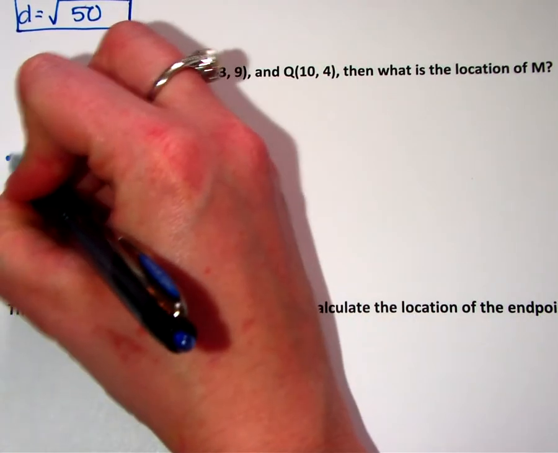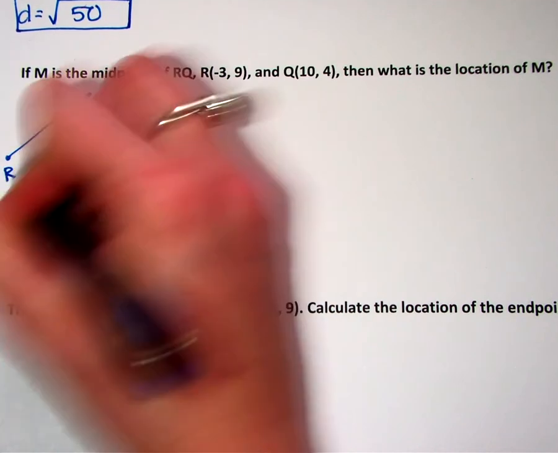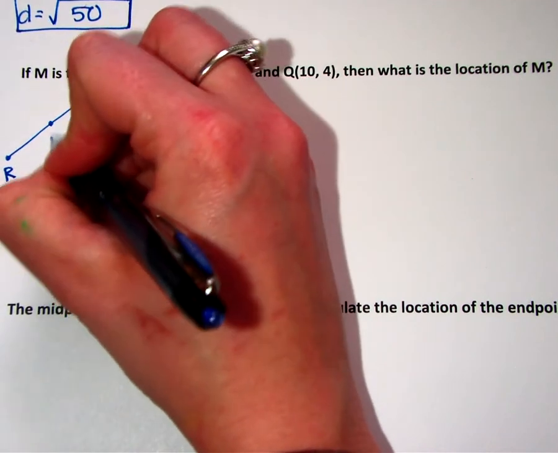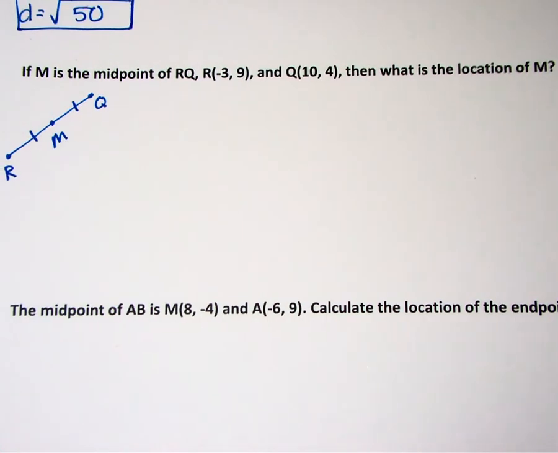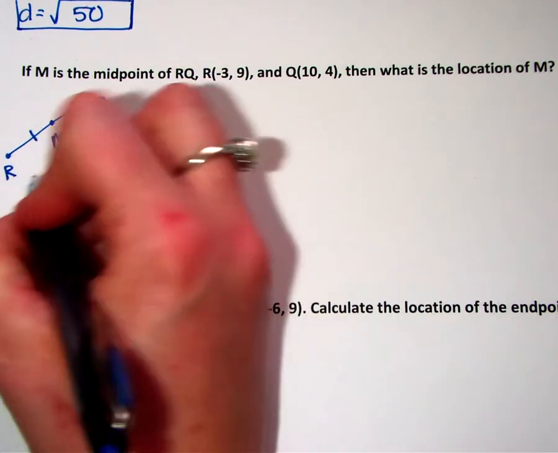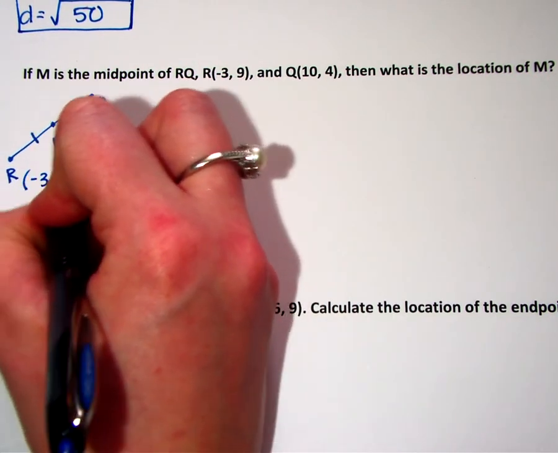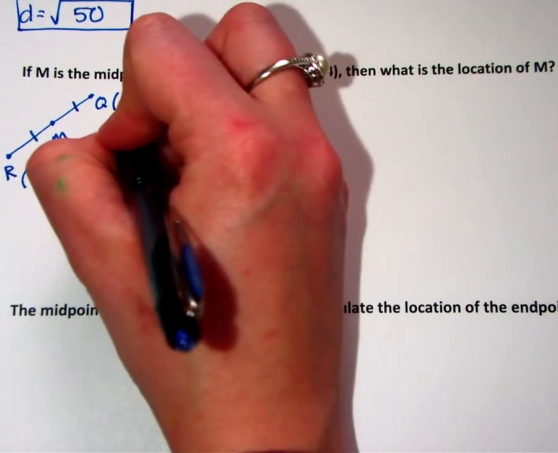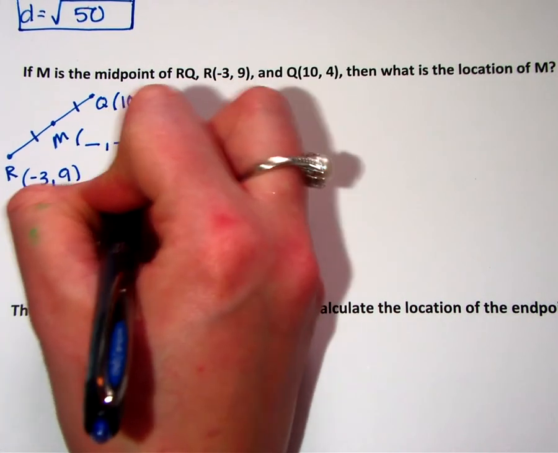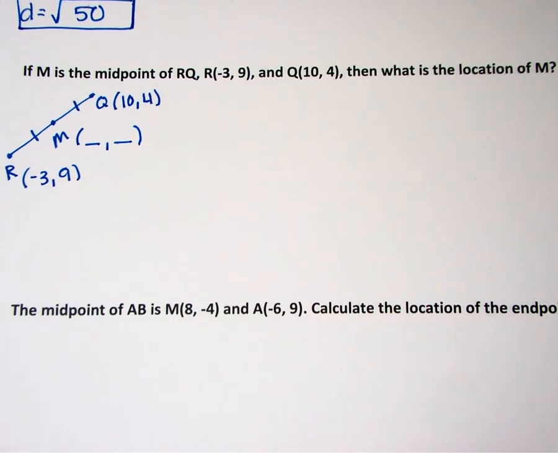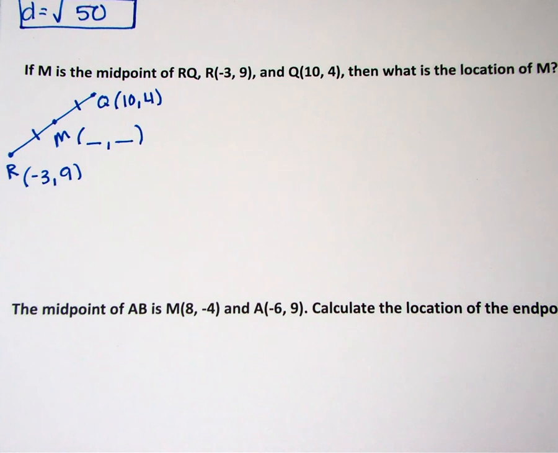We're given a segment, R and Q, and M is the midpoint, meaning it's equidistant to R and to Q. The location of R is (-3, 9). The location of Q is (10, 4). We're trying to find the magical location of the middle. So our answer is actually going to be a coordinate. It's not going to be just a number.